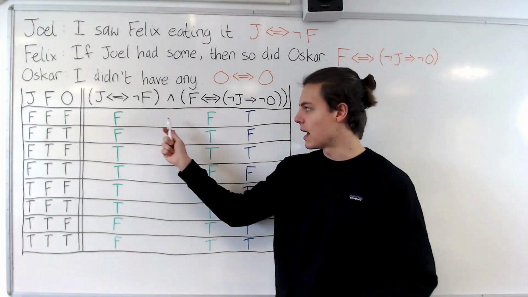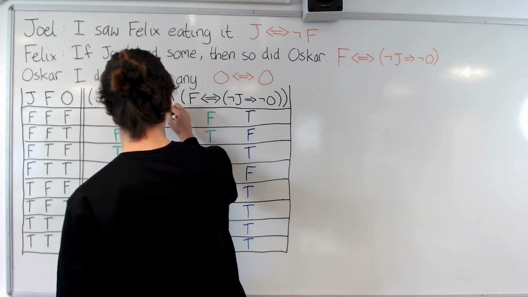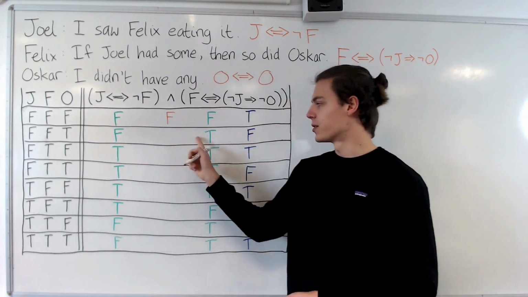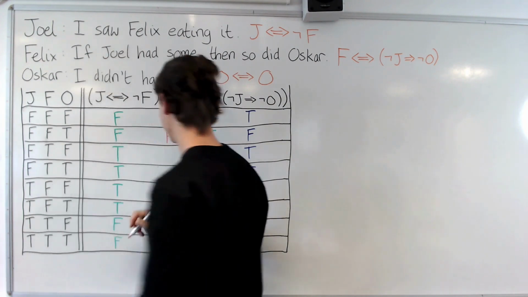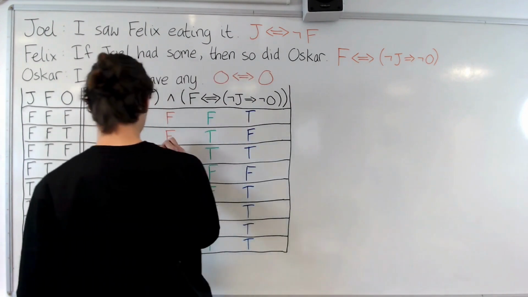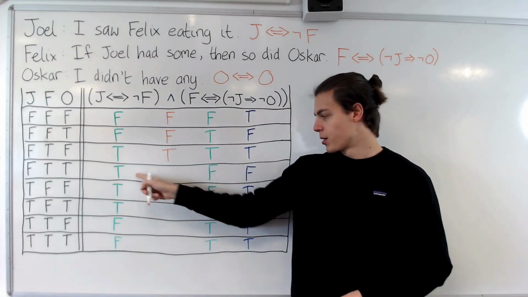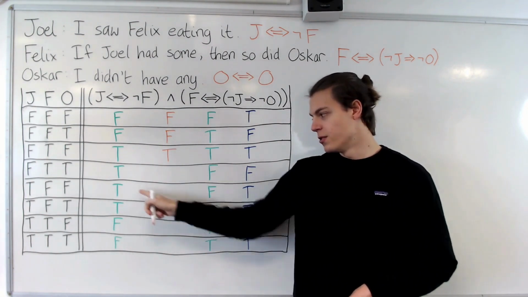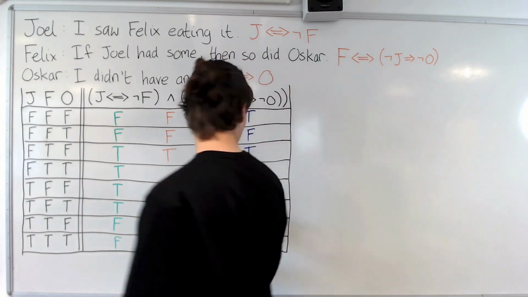First we have false and false is false. False and true gives false. True and true gives true. Next, true and false. True and false. True and false. Right? Those three are all false.